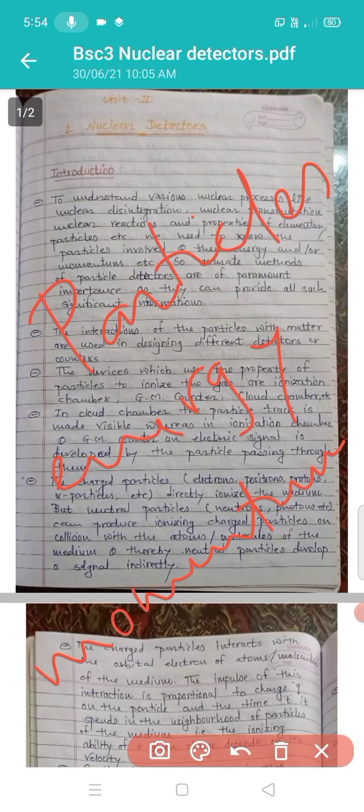That is, the ionization ability of a given charge depends on its velocity. The smaller the velocity, the more the interaction time, and hence the more the ionizing ability.